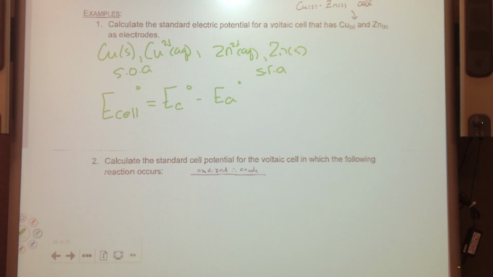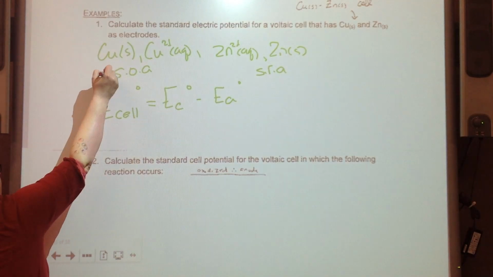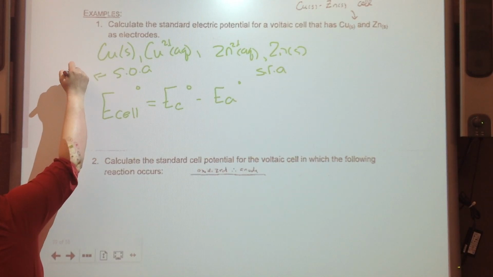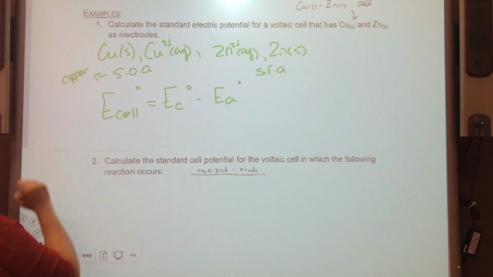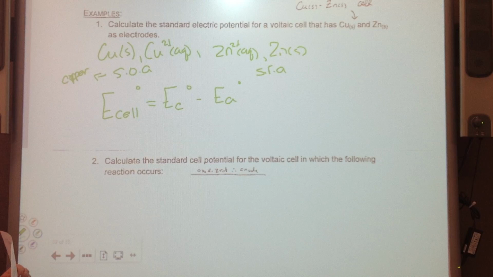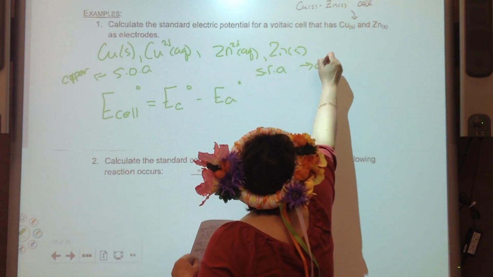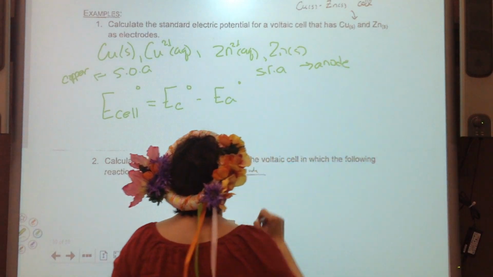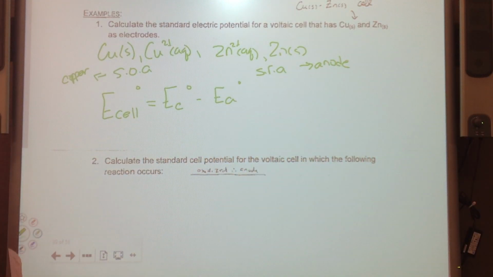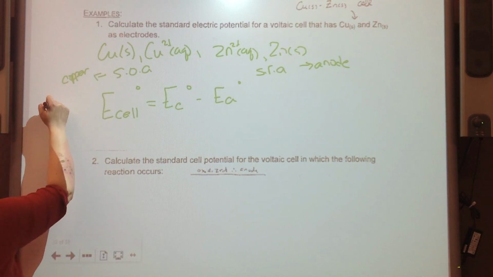So what do we find the cathode to be? The cathode is going to be which one? The oxidizing agent. Yeah. Copper. So it's going to be the cathode, and zinc is going to be our anode. So what's the cell potential for copper? Positive 0.34.